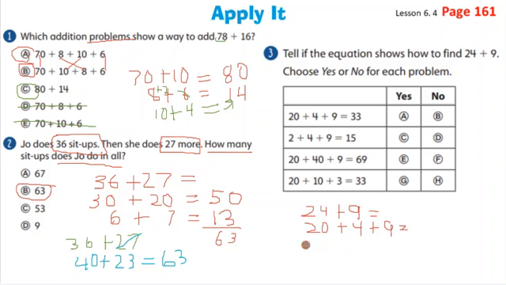And I can come over here and say, well, 20, I want to make a 10 with that 9, so I would take that away, plus 3 plus 10. And I can say, well, wait a minute. Hold on, I want to correct this here.